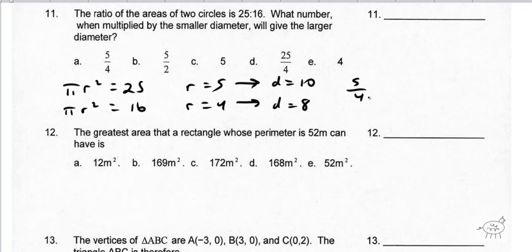And that's my answer. So it's a little tricky question. It says the ratio of the area. They give the ratios. What number, when multiplied by the smaller diameter, will give the larger one? So if you multiply that by 5/4, that gives you your large diameter.